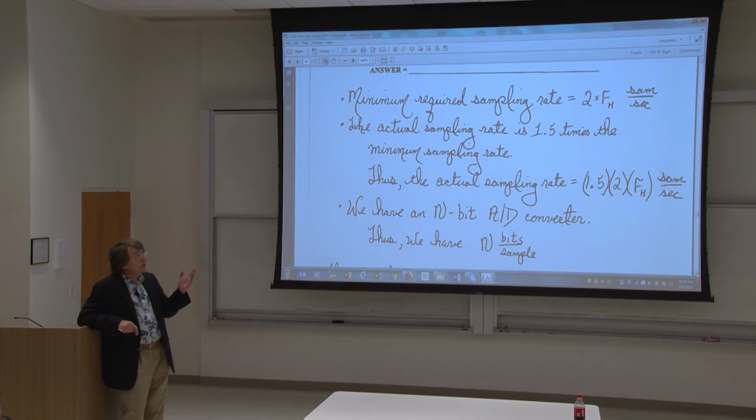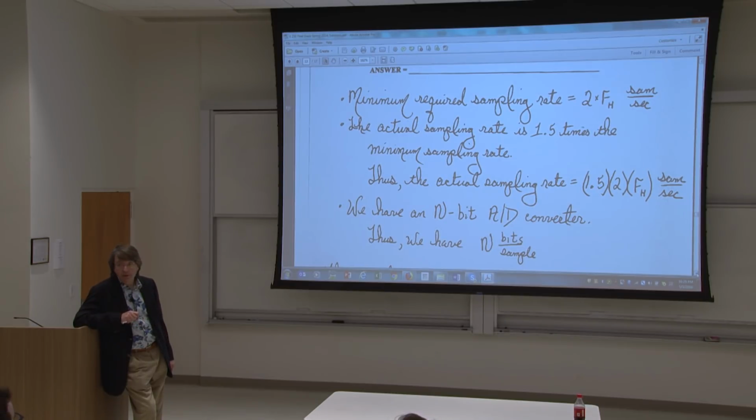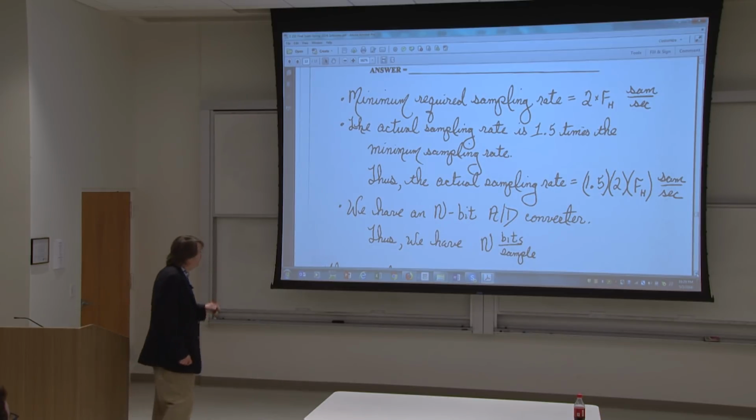The minimum sampling rate is 2 times f sub h. What are the units? Samples per second. Now, the real sampling rate is 1.5 times that, so 1.5 times 2 times f sub h. That, again, is in samples per second.